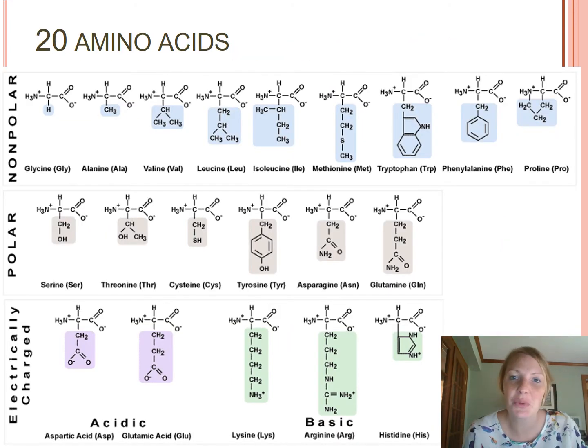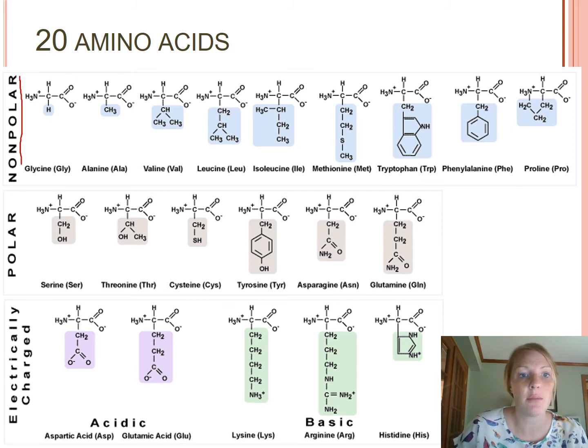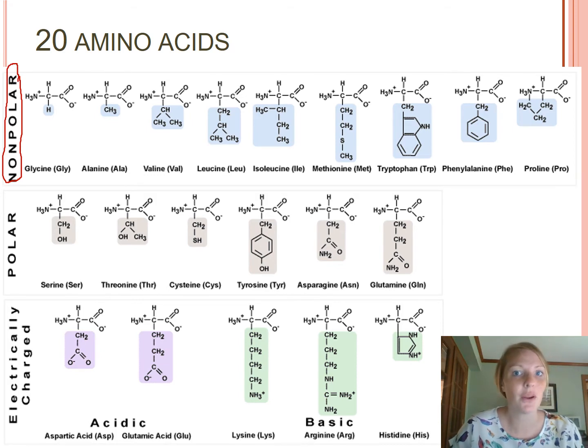Here are the 20 different amino acids. You've probably heard of a lot of these. I'm not going to ask that you memorize all 20 amino acids, but I would like you to take a look at these different functional groups here. And we have three major categories. There's the non-polar category, and we've talked about polar and non-polar before.